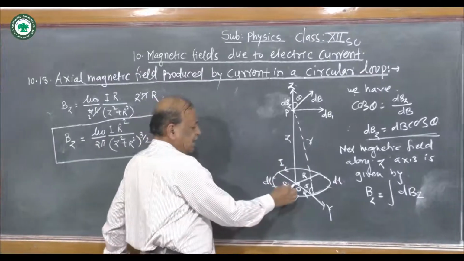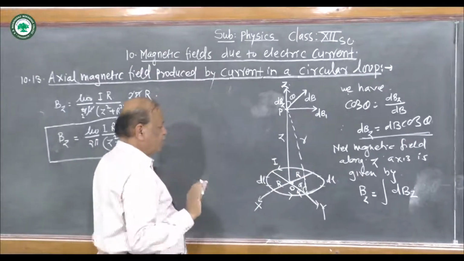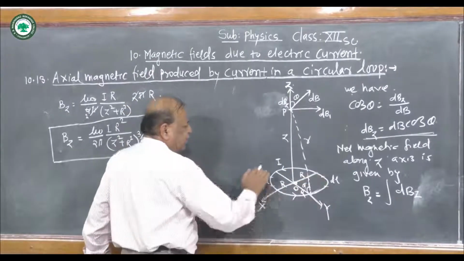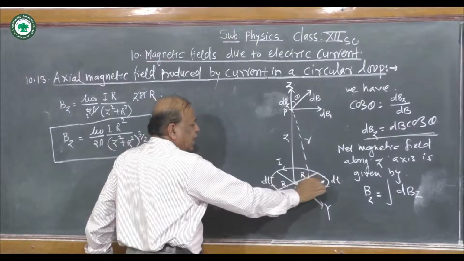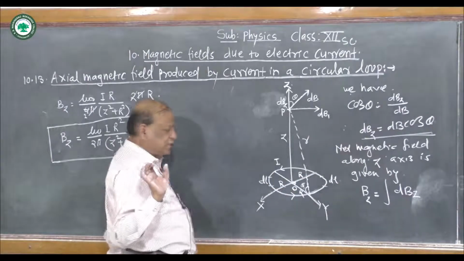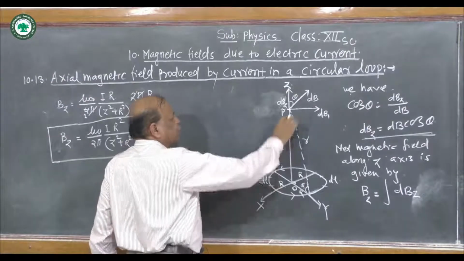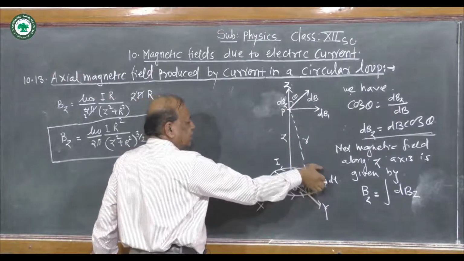This loop is made up of a large number of small elements dl. For simplicity, we consider one small element dl.